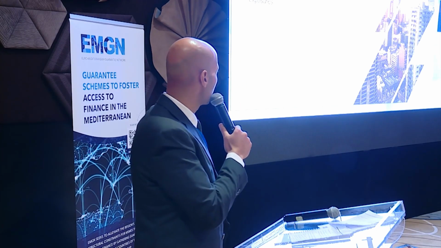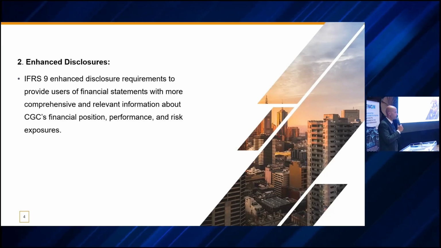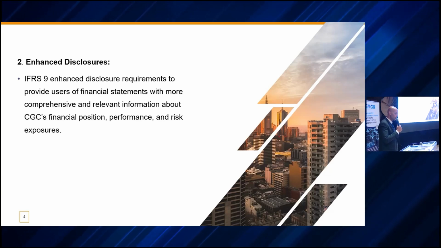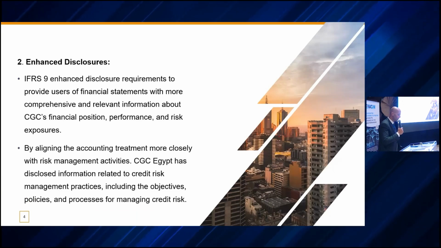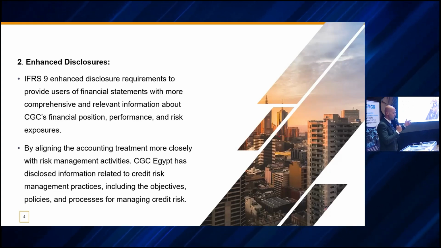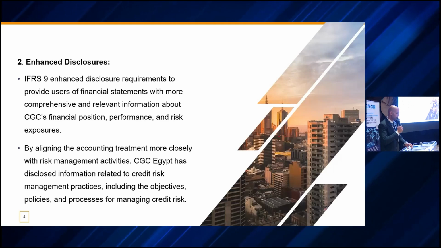One of the key aspects of IFRS9 and our main focus is the expected credit loss model. This model requires entities, and especially our company in Egypt, to recognize losses based on expected credit loss, rather than waiting for them to happen or be incurred.